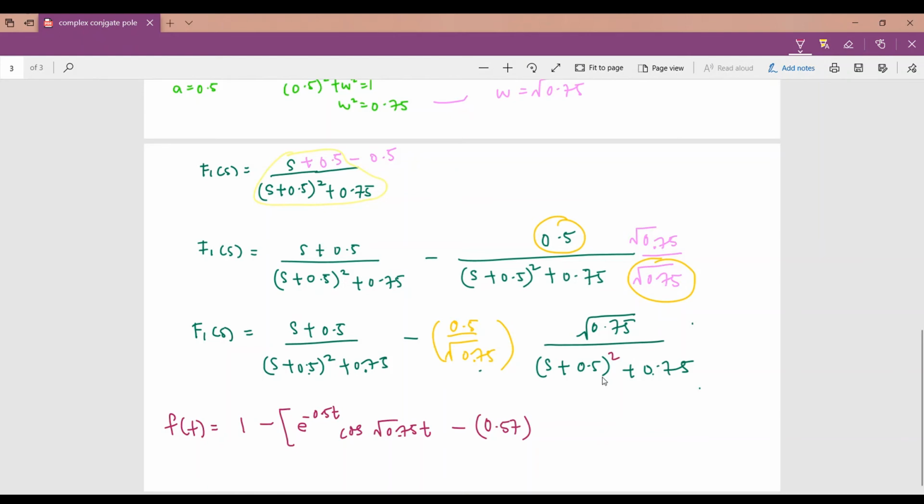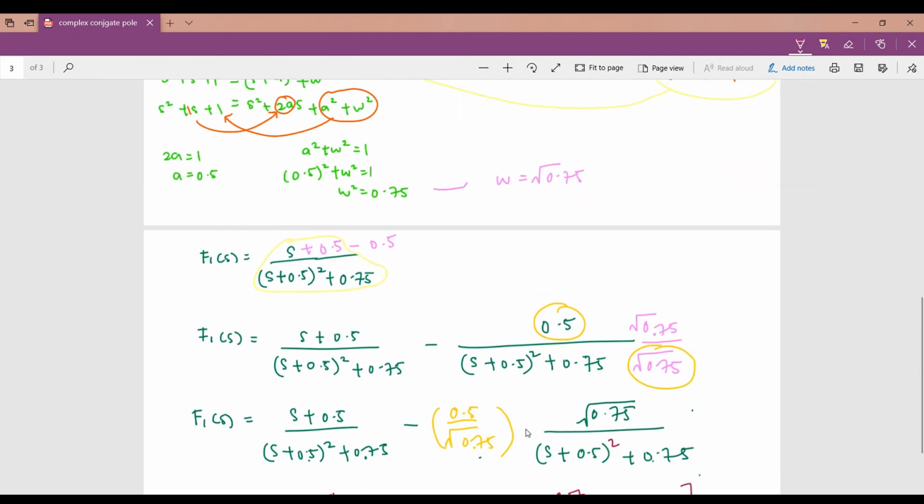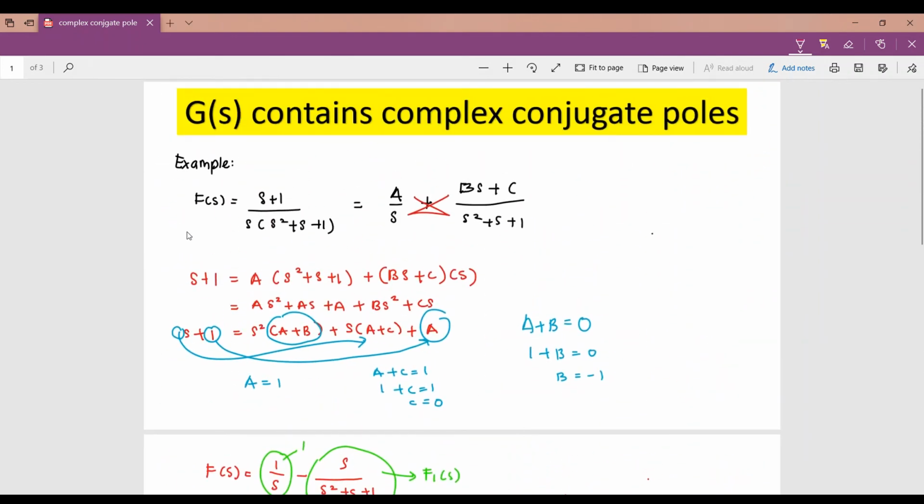And then omega over s plus this one square is actually the sine element, so it is exponent negative 0.5t sine omega is 0.75 square root t. Okay, so this is the t domain of this transfer function.